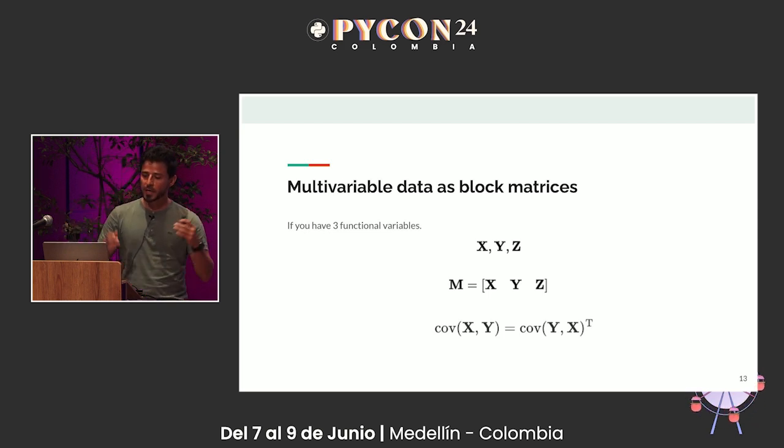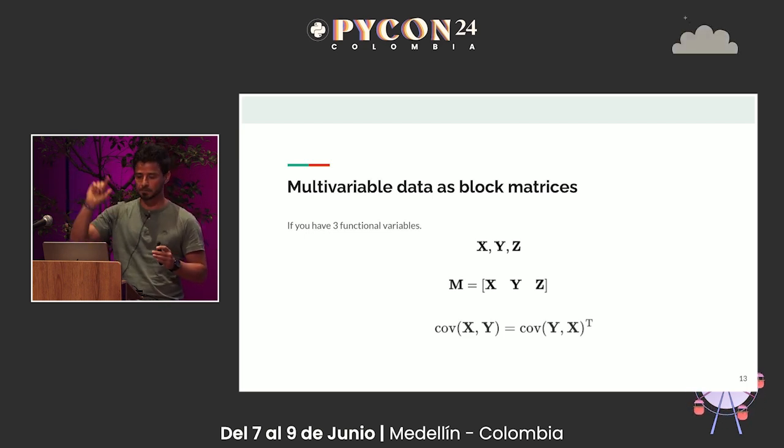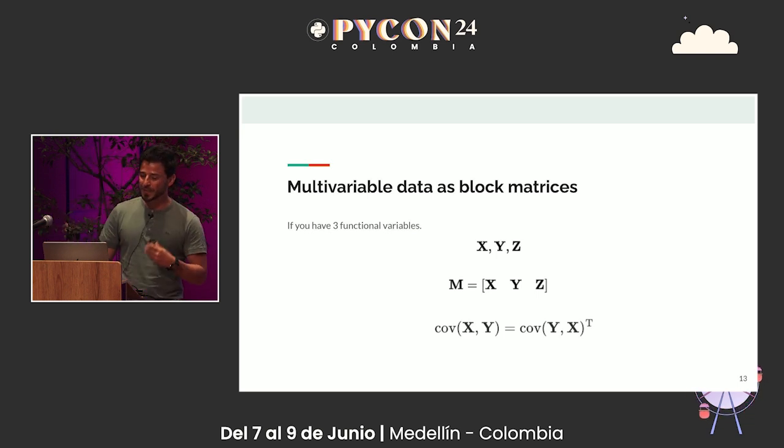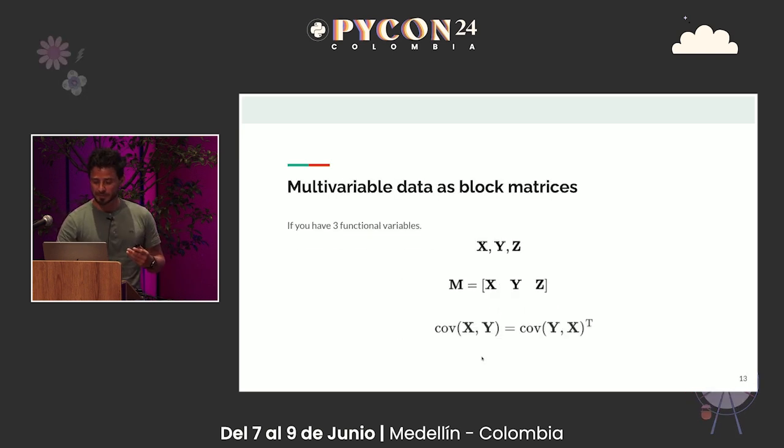So I created an N matrix that is just the concatenation of your three component variables, X, Y, and Z. And if you take a piece of paper and a pencil and play around a bit, you can get to this interesting property: the covariance of these two data matrices has this symmetry property, that the covariance in the different order is equal to the transpose.